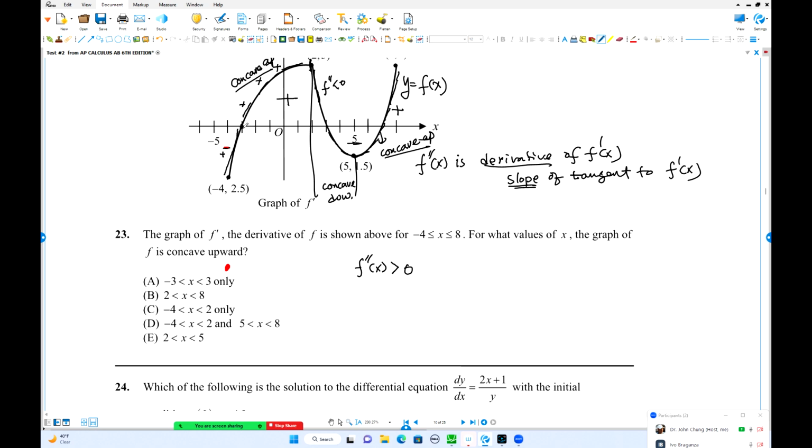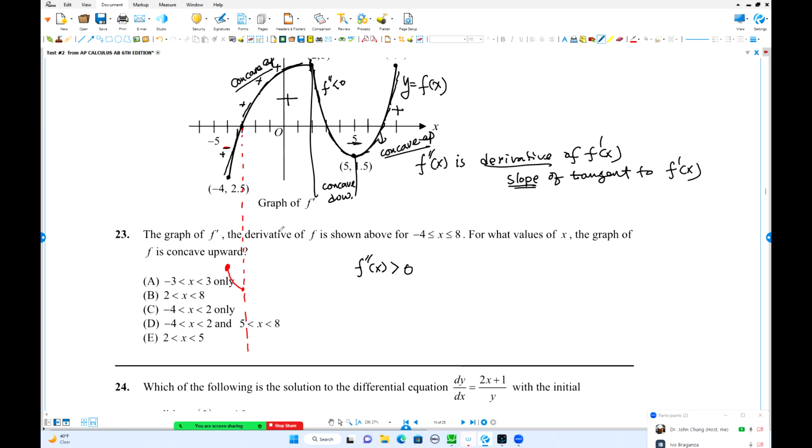Up to 2.5, that is decreasing. How is it decreasing? Concave up decreasing, right? Concave up decreasing this way. Are you okay with this? The next one is still concave up, but this time it is increasing.